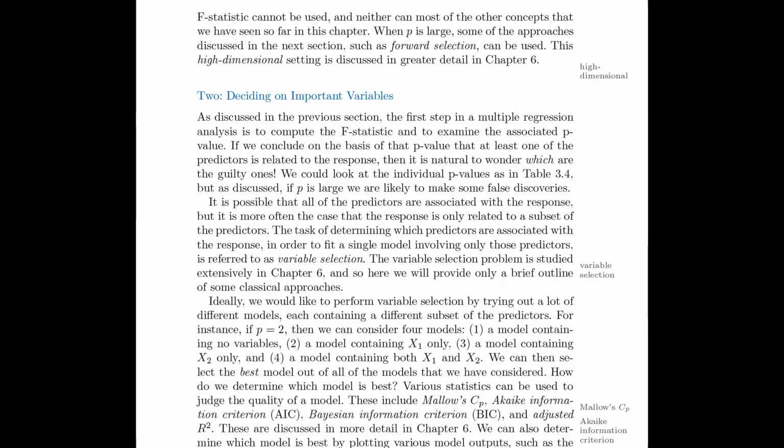If we conclude on the basis of that p-value that at least one of the predictors is related to the response, then it is natural to wonder which are the guilty ones. We could look at the individual p-values as in table 3.4.